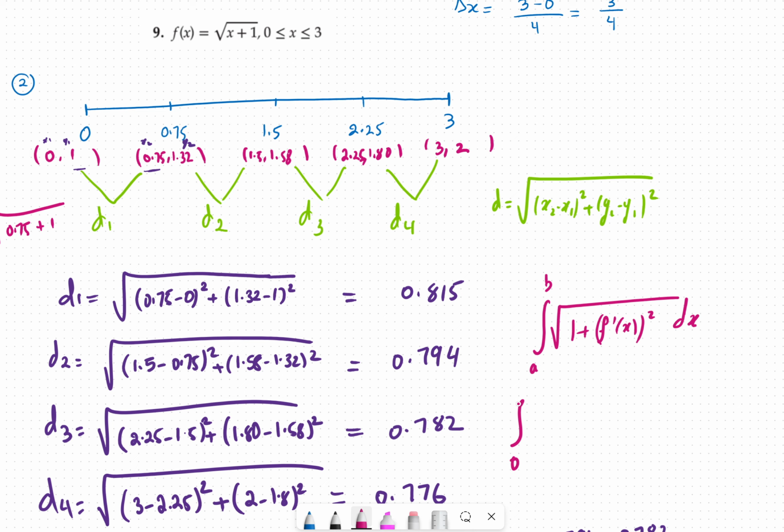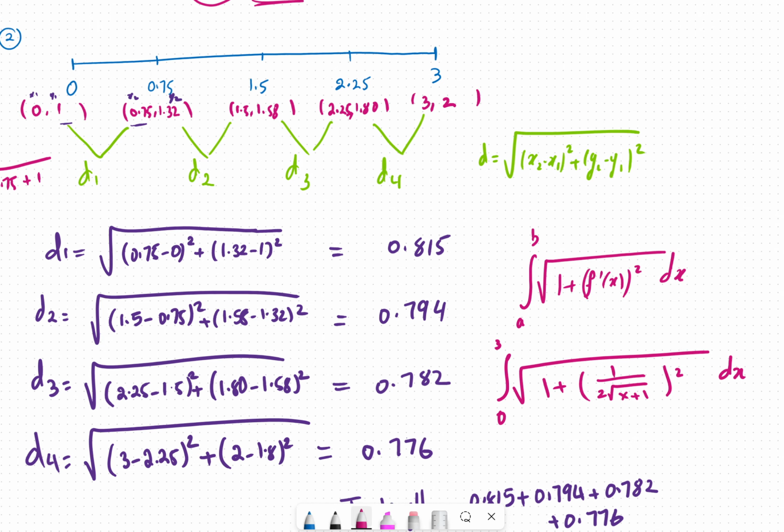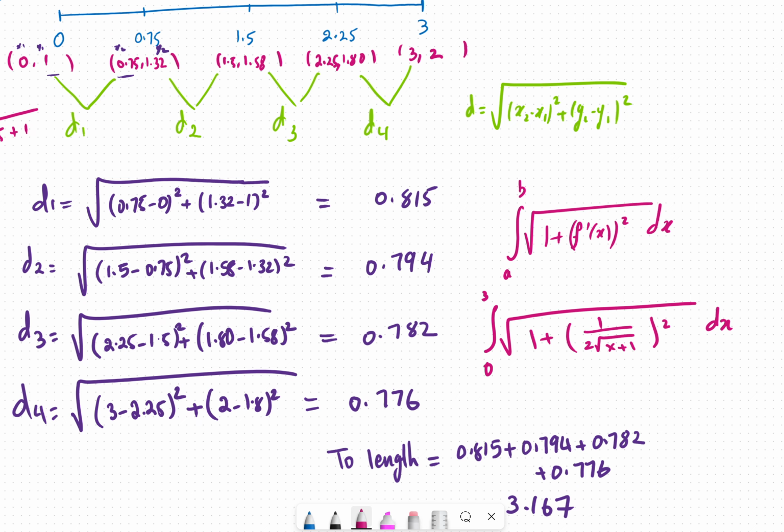So A is 0, B is 3 from my question here, square root of 1 plus f prime. Now f prime, I need to derive this one. So the derivative of this is 1 over 2 square root of x plus 1, squared, dx. Now if I plug this into my calculator, I should be getting something that is very close to my answer.